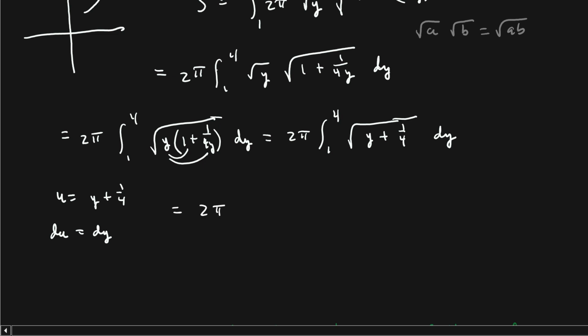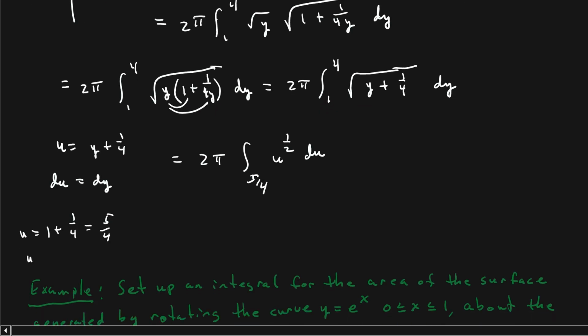So that's going to be 2 pi integral u to the 1/2 du, and then we're going to have to change our bounds. So I got to plug the 1 and the 4 into here. So I've got u is equal to 1 plus 1/4, which is 5/4.